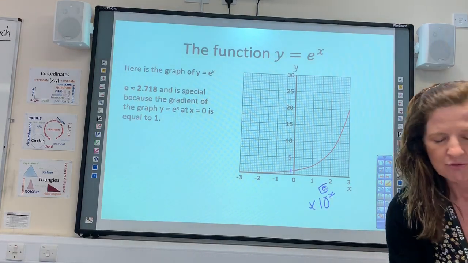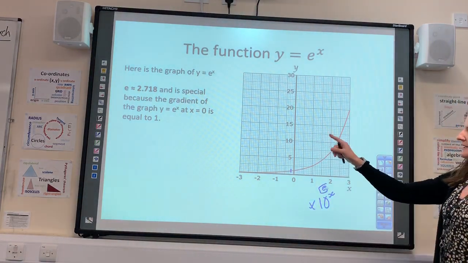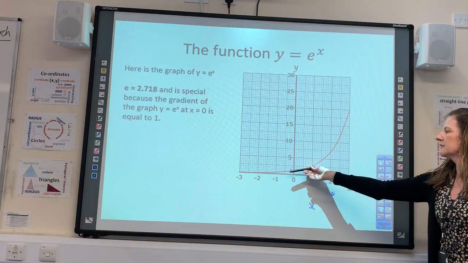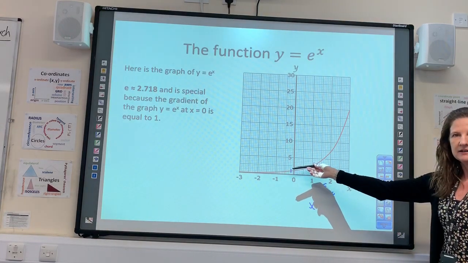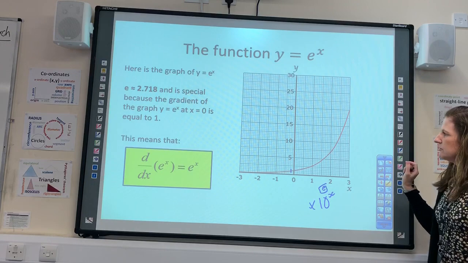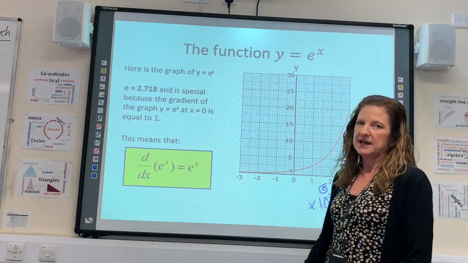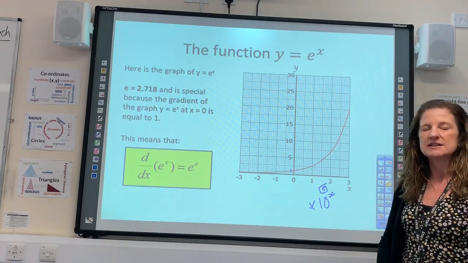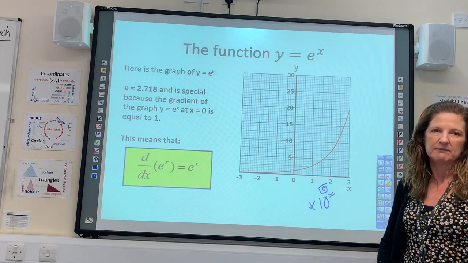Okay. Right, so what's special about this is that the gradient of the function is 1 here, which means when you differentiate e to the x, you get e to the x. So it basically stays the same, okay?